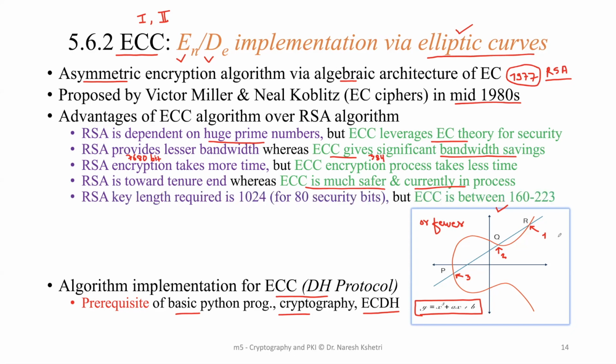Another one is key length. For 80 security bits, ECC requires a 160-bit key, but in the same case RSA requires a 1024-bit key, which is significantly more. There is no linear relation between the key sizes of ECC and RSA.